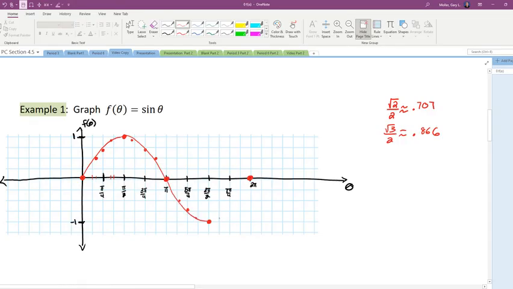Those get matched on each side, so I get a graph that looks about like this. And this is what's known as the sine wave. We know that it continues because all of this represents one rotation around the unit circle.